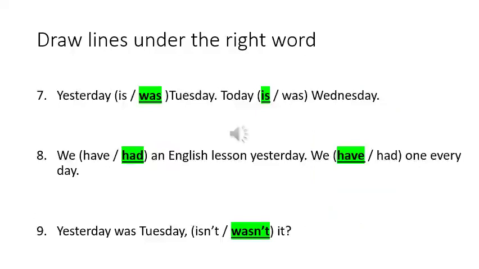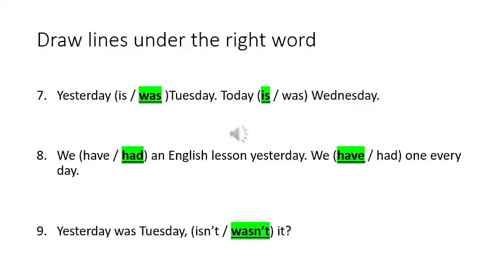Seventh one. Yesterday dash Tuesday, today dash Wednesday. What are the options? Is, was. Now is is used for present tense and was is used for past tense. Now yesterday means past tense.